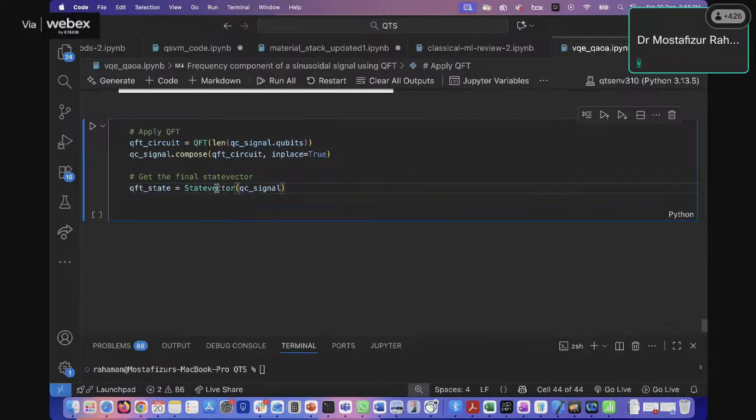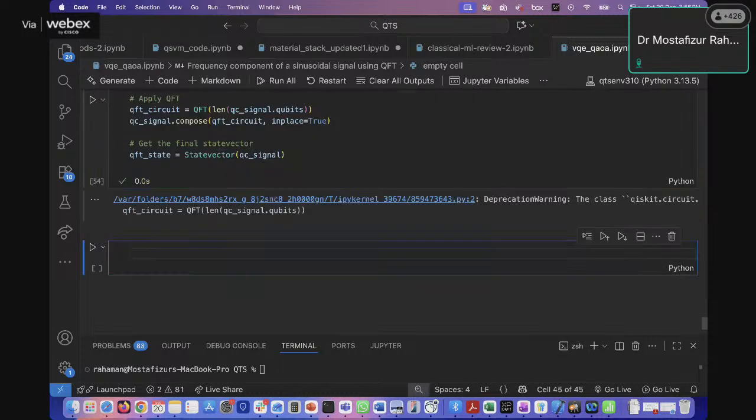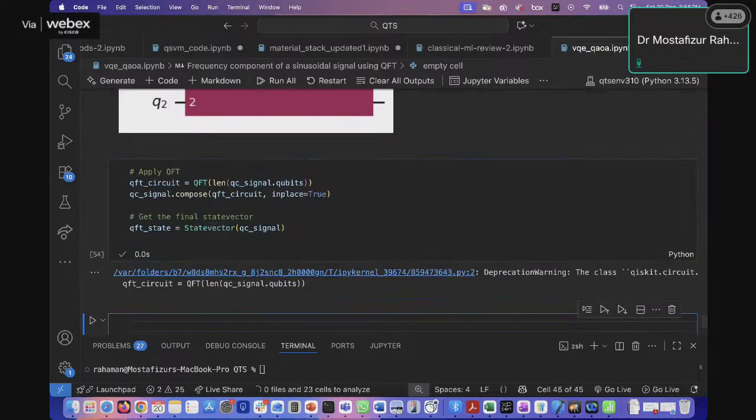We use the state vector simulator to simulate the circuit, and then we can show the plot.